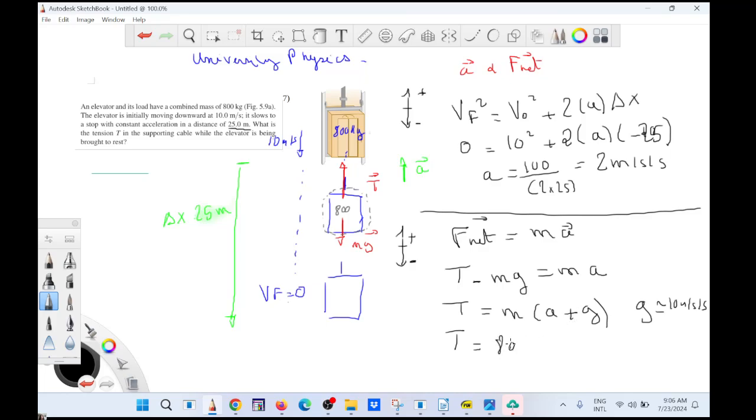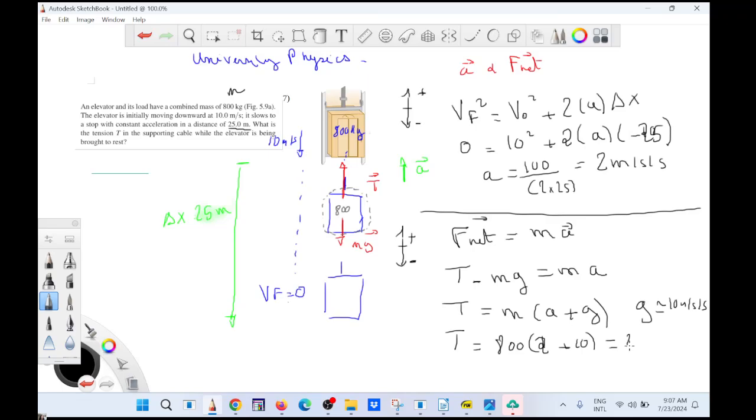So it's going to be 800, the mass, times the acceleration, 2, plus 10.